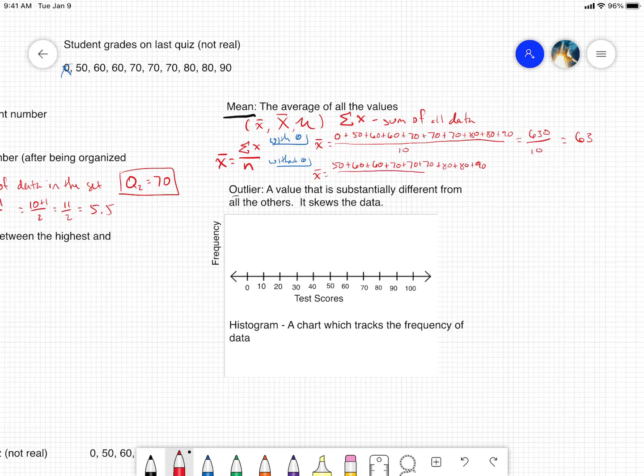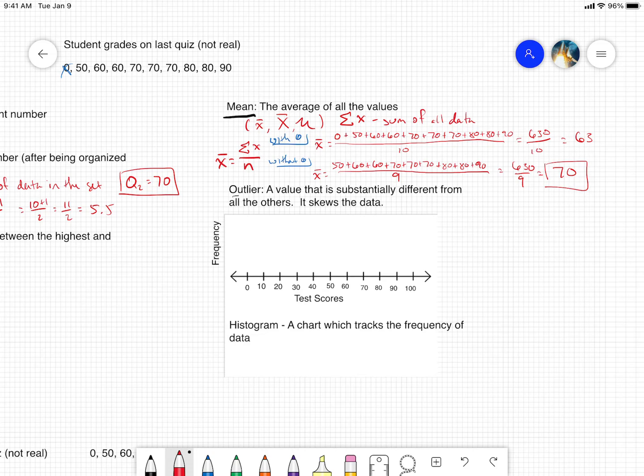But since our n is no longer 10, our n is now 9, I divide it by 9. So this becomes 630 over 9, which is equal to 70. So without 0, you can see that just one data point has enough effect to lower the mean by 7 points. Our test average is lowered by 7% because of that one test.